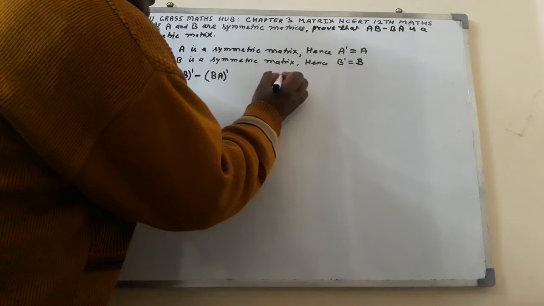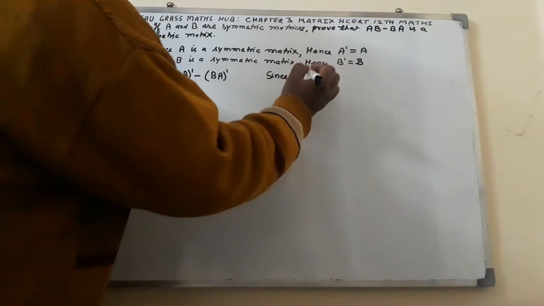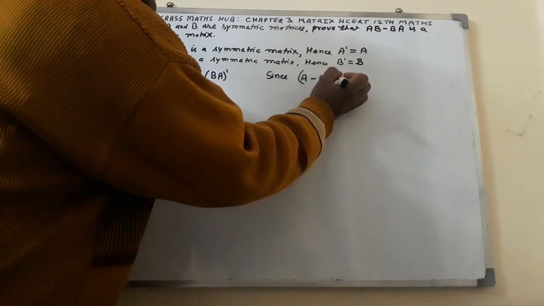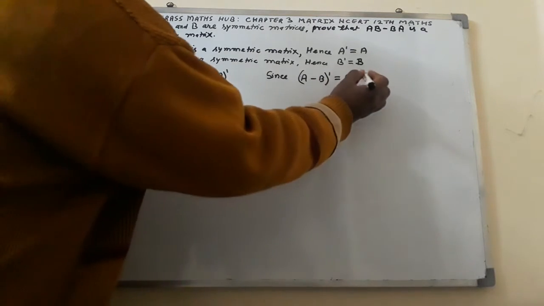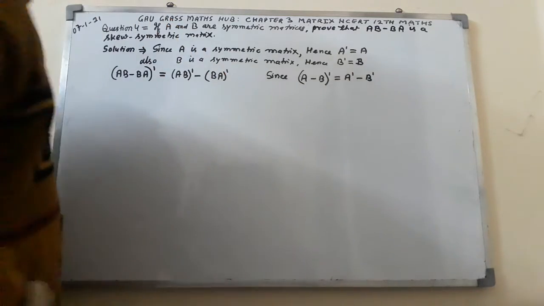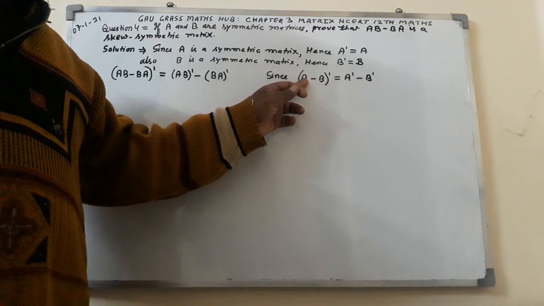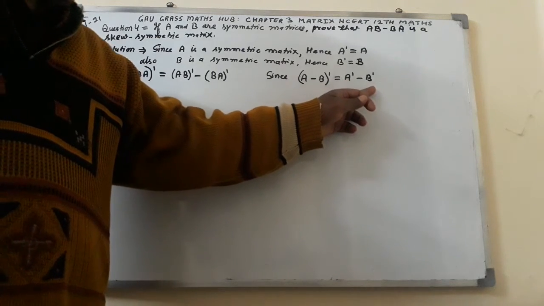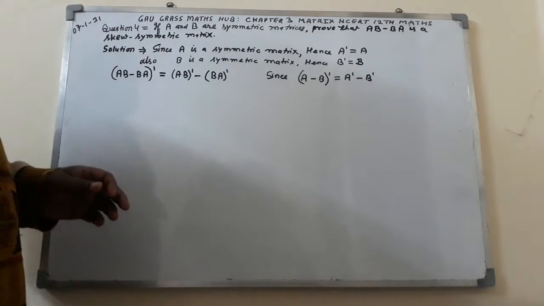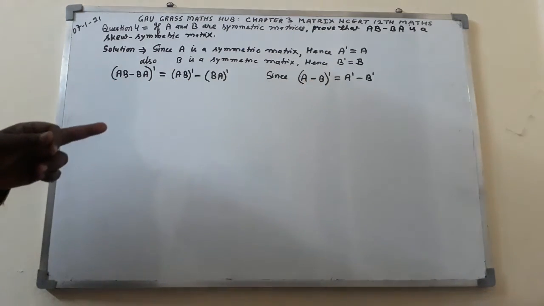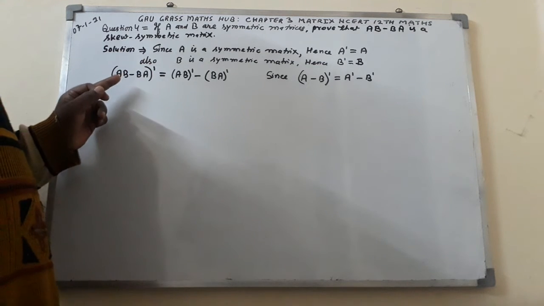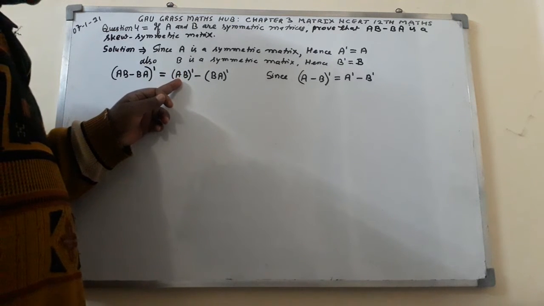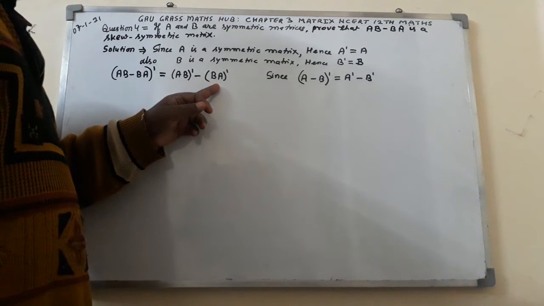Since the transpose of A minus B is equal to the transpose of matrix A minus the transpose of matrix B, on this pattern we can write very well that the transpose of the matrix AB minus BA comes out to be the transpose of the matrix AB minus the transpose of matrix BA.